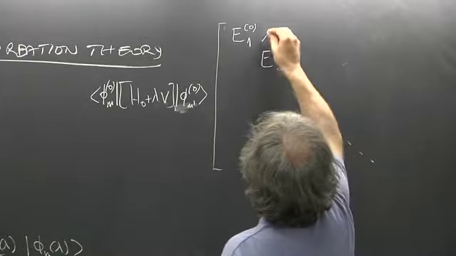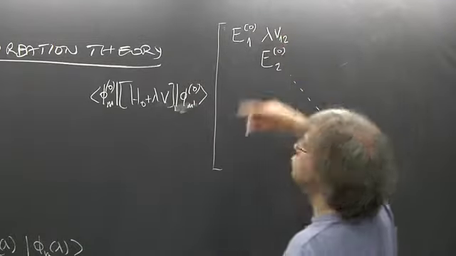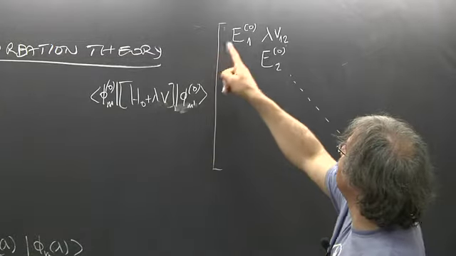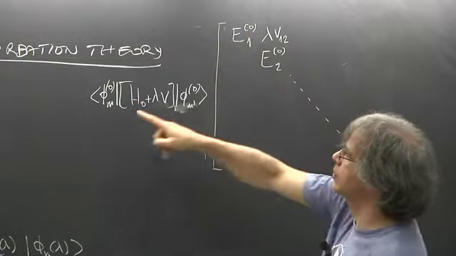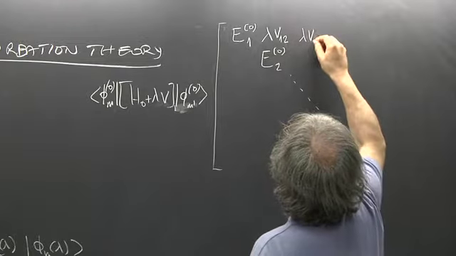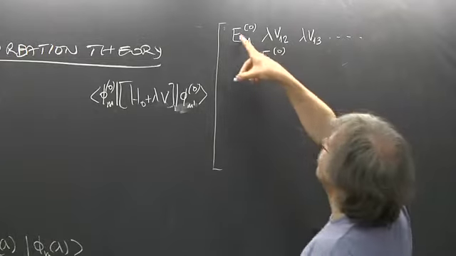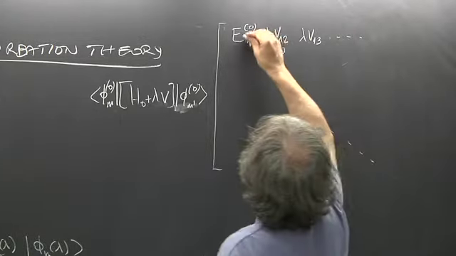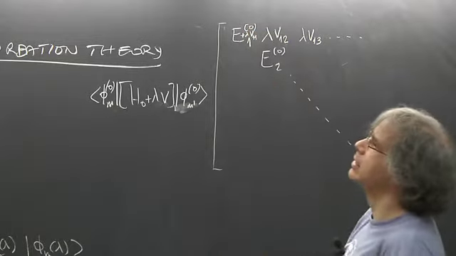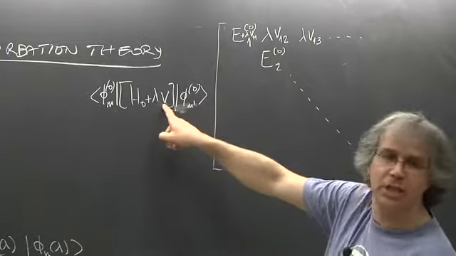So for instance, here I would have lambda V1,2. Okay, let me use a shorthand. V1,2 means the matrix element of V between the state 1 and the state 2. And similarly here I have lambda V1,3. In principle, I might have here also plus lambda V11, which is the matrix element in the diagonal.